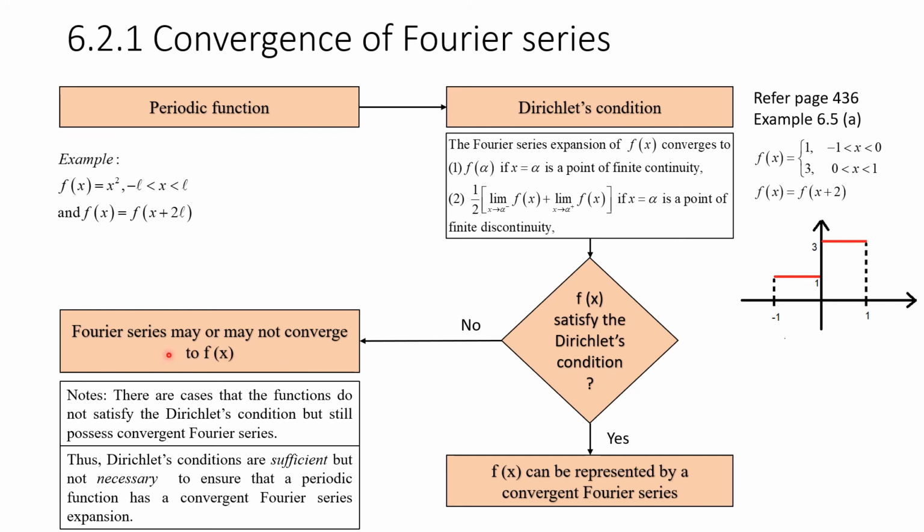Why may or may not? Because there are cases where the functions do not satisfy the Dirichlet condition but still have a convergent Fourier series. So we can say that the Dirichlet conditions are sufficient, but not necessary, to ensure that a periodic function has a convergent Fourier series, as mentioned.